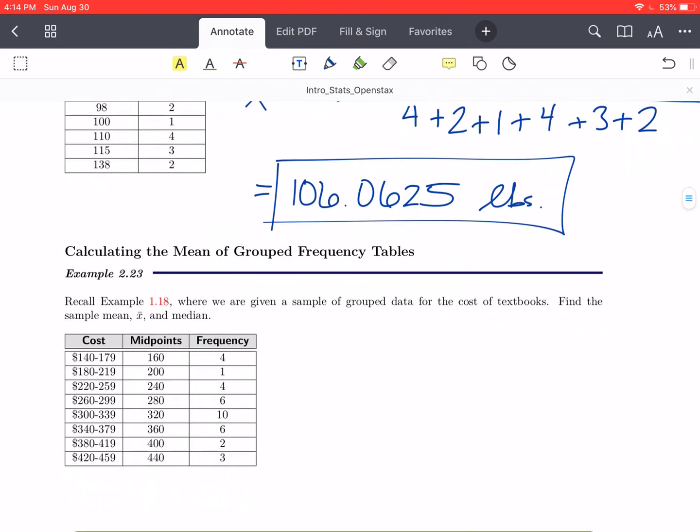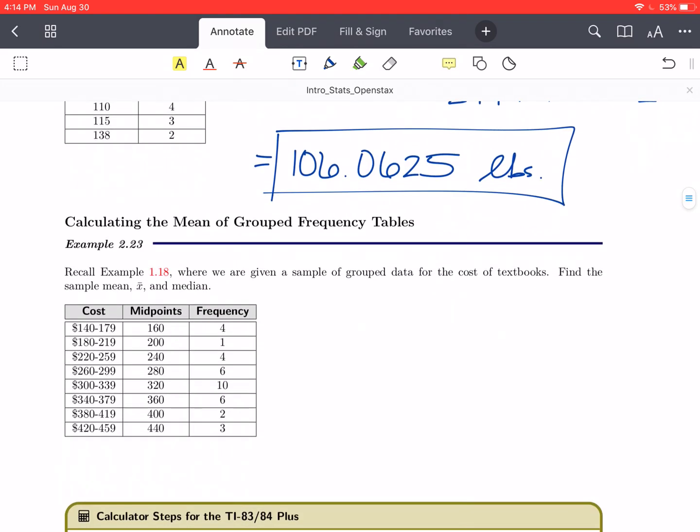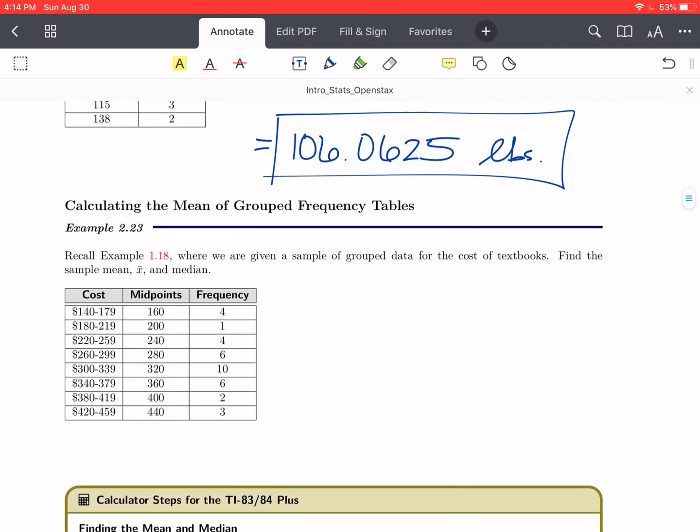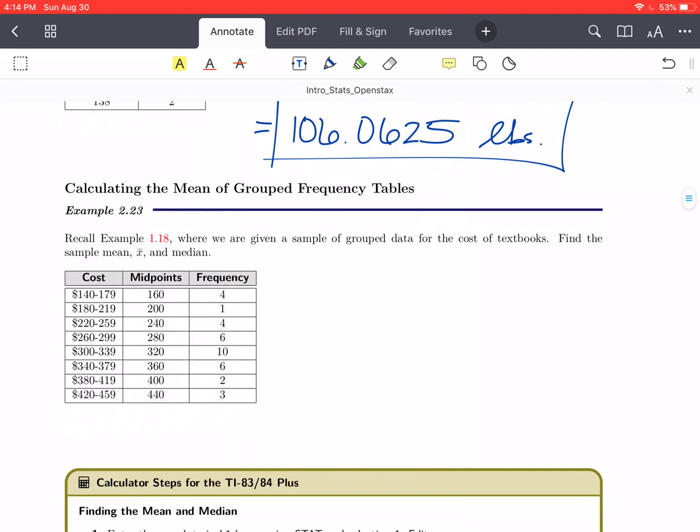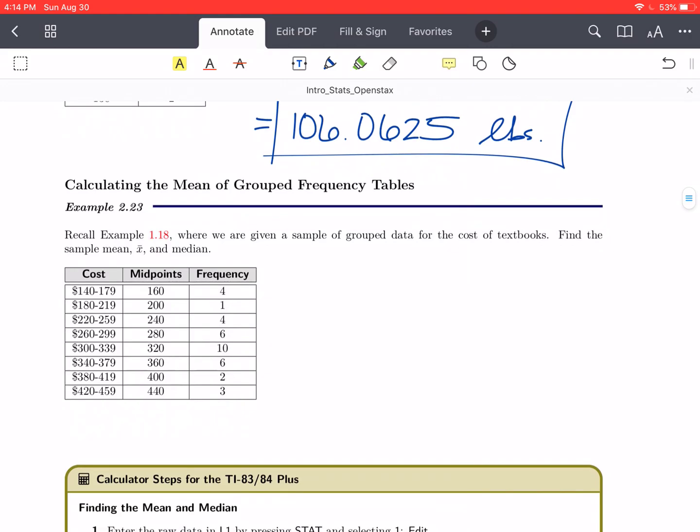Now, what about calculating the mean of grouped frequency tables? If we go back to the textbook example, we looked at the costs of textbooks. We want to find the sample mean and the median of this. We're going to do exactly the same thing that we were just doing before.